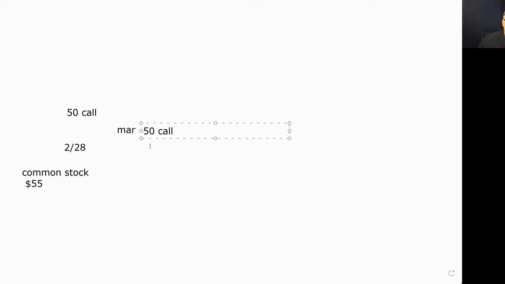So if I buy the March, and let's say the common stock is trading at, we'll say, $55. So let's say the March 50 call would be worth, let's say, $5 intrinsic, right? Plus a little bit of time value, maybe trading for like $6. I'll stick with March.